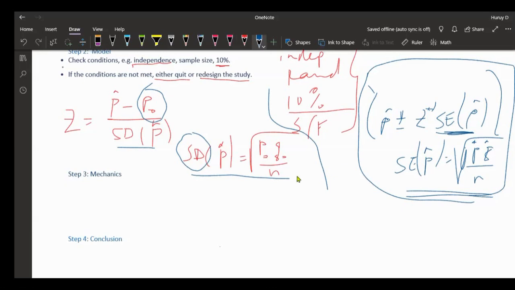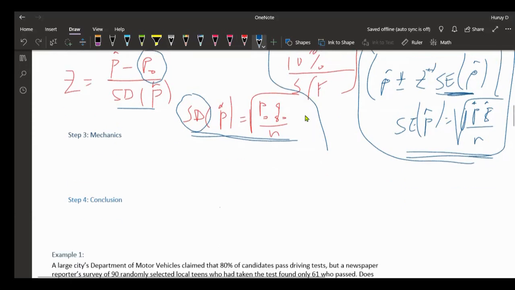Okay. Therefore, the model is given by z equals p hat minus p sub naught over the standard deviation of p hat, where the standard deviation is given by this value. We know this z is normally distributed.